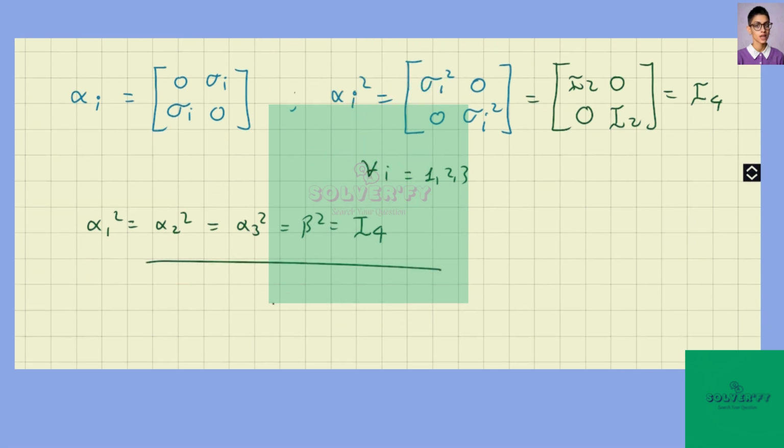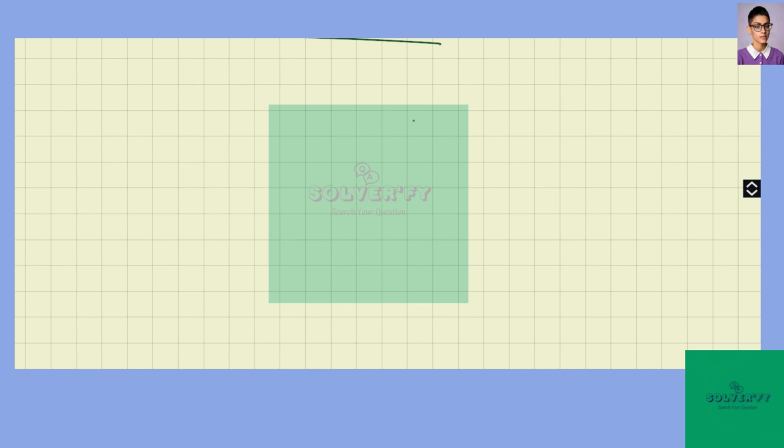And now we need to show the anti-commutativity property of the Dirac matrices. That's part B. We need to show that the Dirac matrices satisfy this property: for two matrices A and B, the multiplication AB equals minus BA.